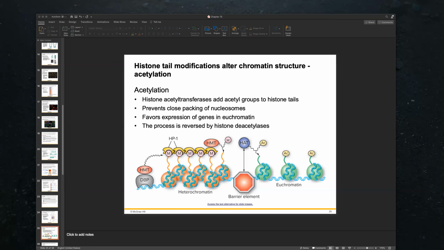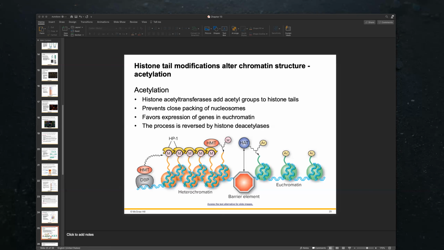It makes it more relaxed, closer to euchromatin, and that basically makes the genes more expressed. You can reverse it by deacetylating it.